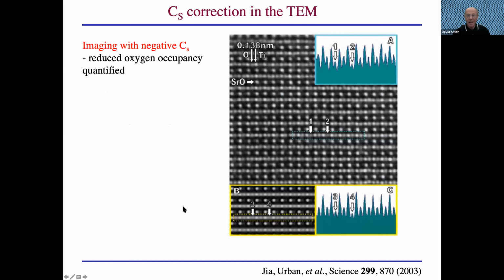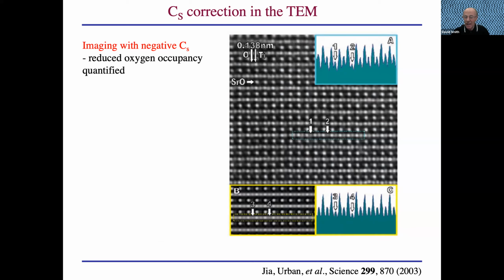And Jia and Urban showed this very interesting case that, again, people seem to have forgotten about a bit. Way back in 2003, they imaged with negative CS. If you look at this image of strontium titanate in the 110 projection, and you look at this row here, these faint spots, the faintest spots, are actually oxygen atomic columns.